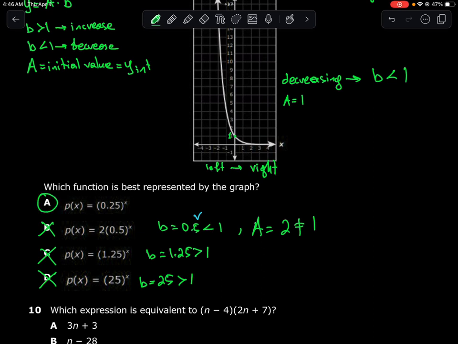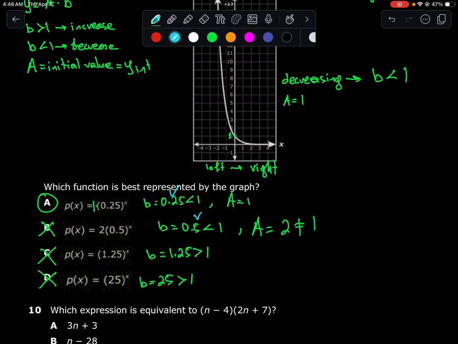Now let's double check. We see that b is 0.25, which is less than 1. That checks. And then I have nothing in front of it, so it's like there is a 1 times. That means A is 1.